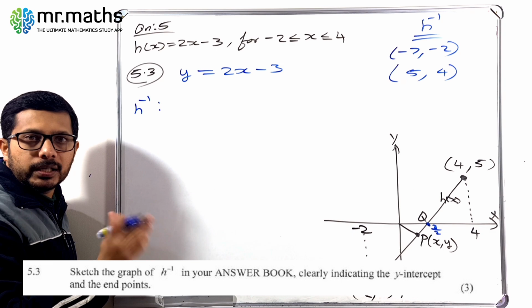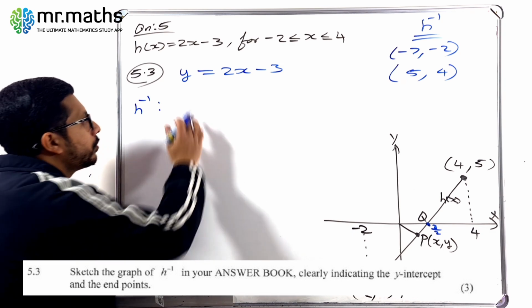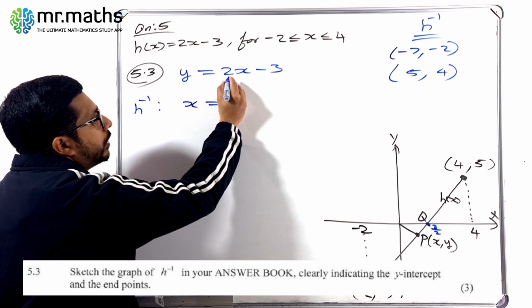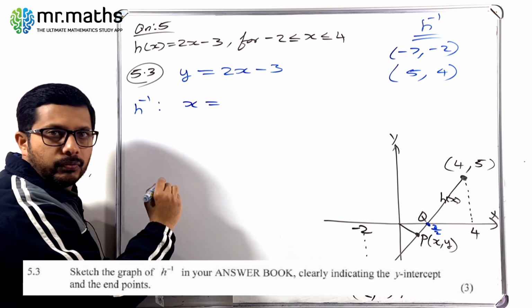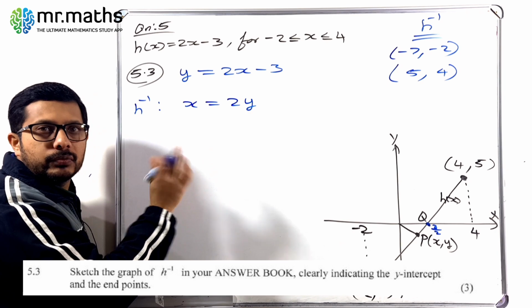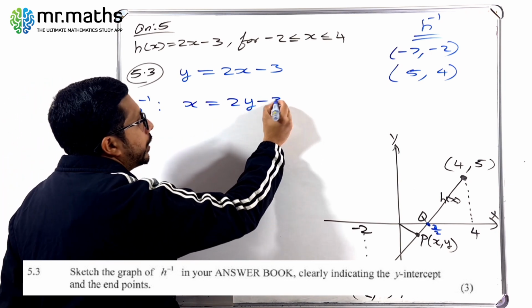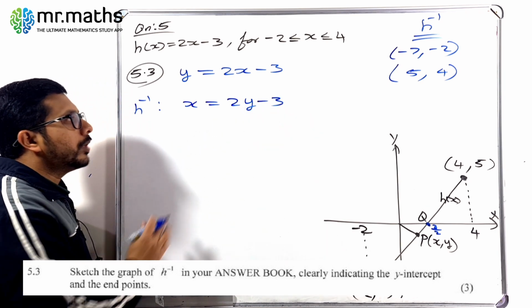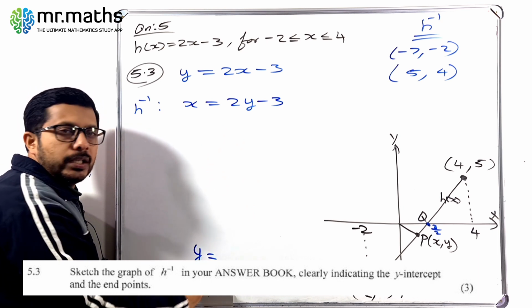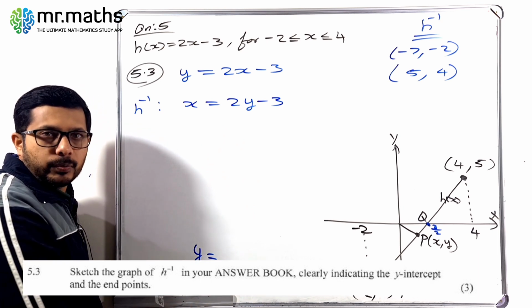You swap x and y. Am I right? So y is written as x, and x is written as y. So x is equal to 2y minus 3. You can't leave the answer like this. You have to write it in standard form, which is always y is equal to, that is the standard form of a function.